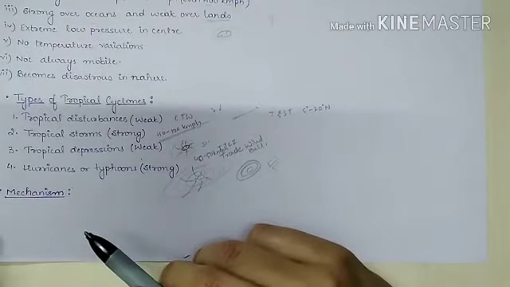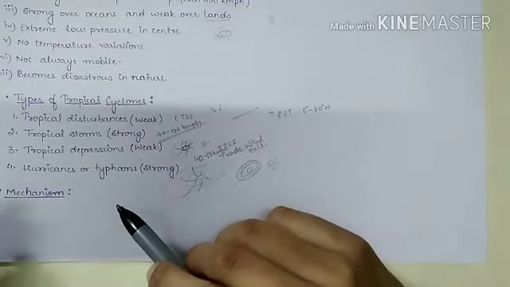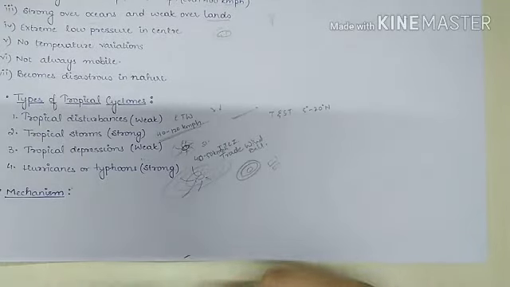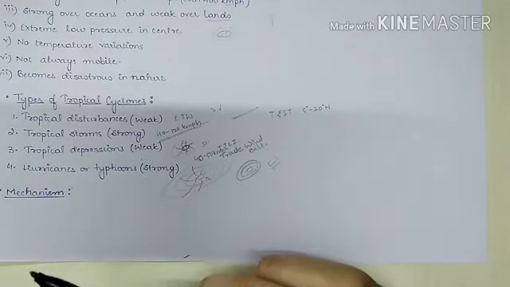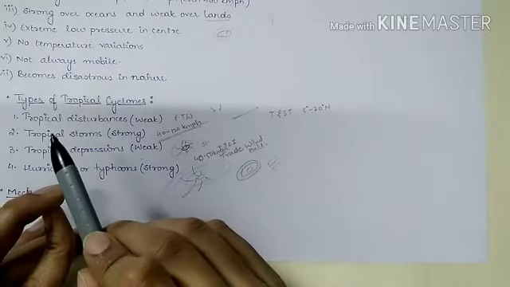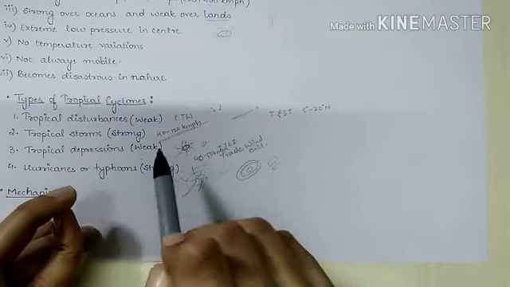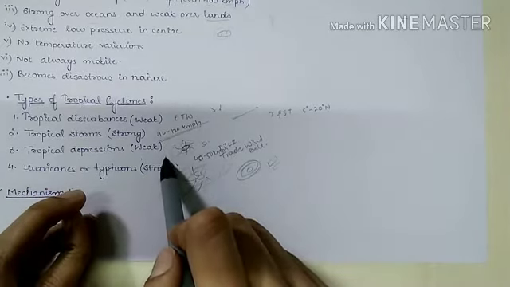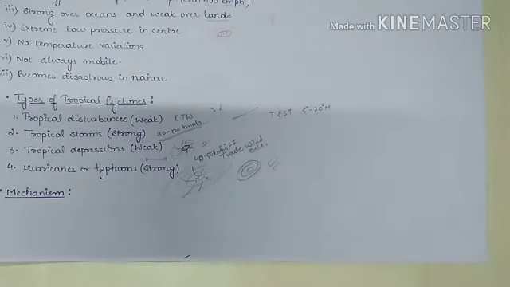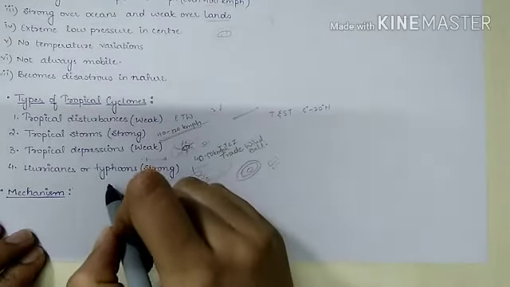Unlike temperate cyclones, there will be no change in wind direction, and they are not associated with anticyclones, and they move from east direction to west direction. So that was about types of tropical cyclones.